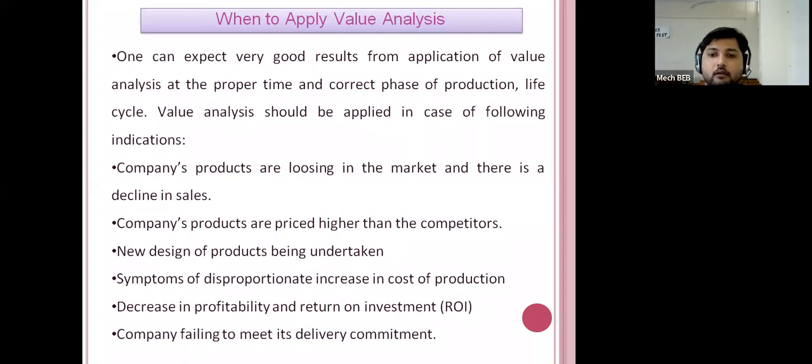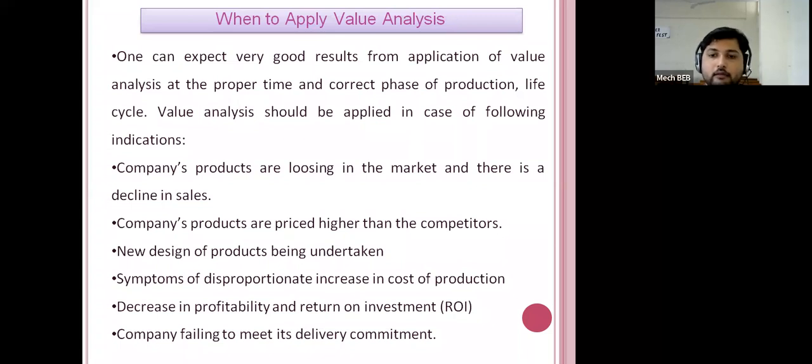And if the specific company's product prices are higher as compared to their competitor, at that time they need to apply the value engineering techniques. Then, when new products are in the invention phase, at that time also the company needs to apply the value engineering concept to reduce the cost of new products.